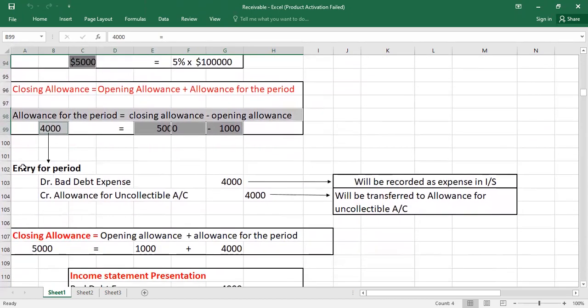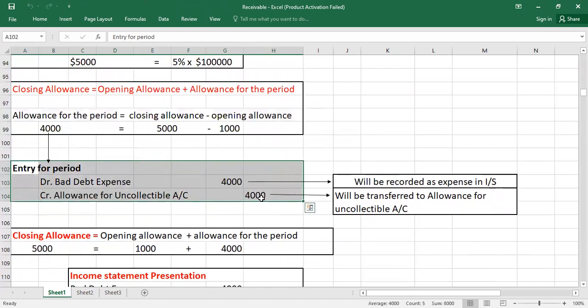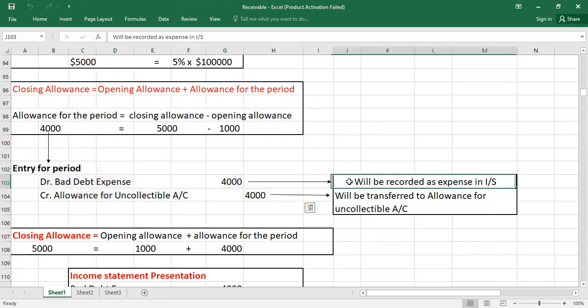You pass the same entry: bad debts expense debit, and credit goes to allowance for uncollectible accounts, with $4,000. The debit side will be recorded as expense in the income statement, and this credit 4,000 will be transferred to the allowance for uncollectible accounts.